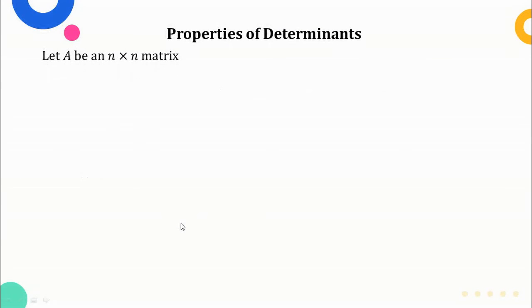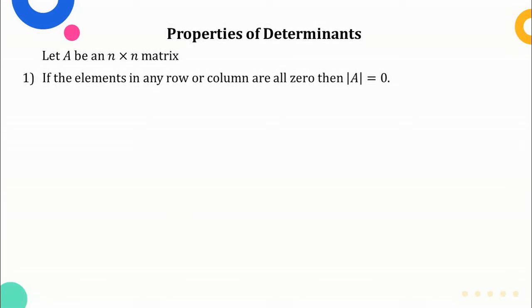So let A be an n by n matrix. This determinant is just proposed for the square matrix, everyone, because their dimension should be the same between row and column. So the first, if the elements in any row or column are all 0, then you can say determinant A equals 0. And then the number 2, if A has two identical rows or columns, then determinant A is 0 too.